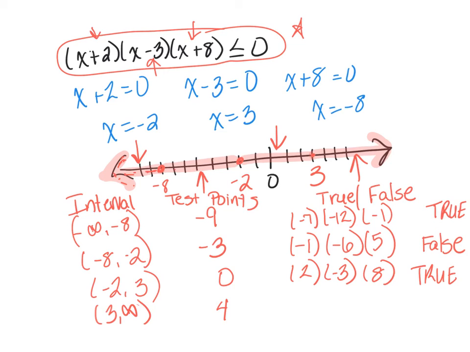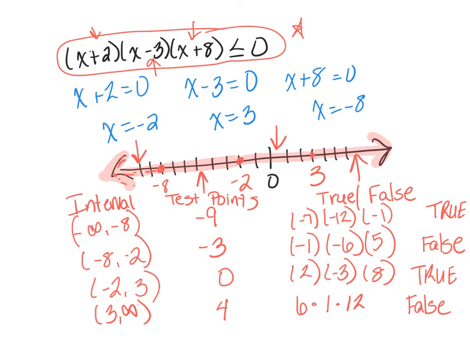In our last one, 4 plus 2 is 6, 4 minus 3 is 1, and 4 plus 8 is 12. All of those are positive, so positive times positive times positive gives me a positive number. So this is going to be false.